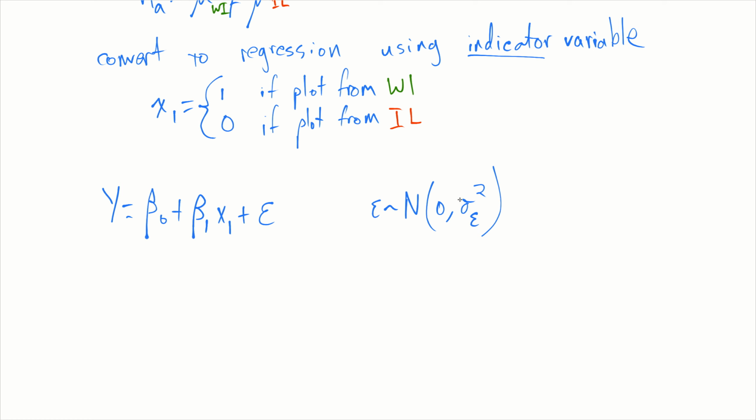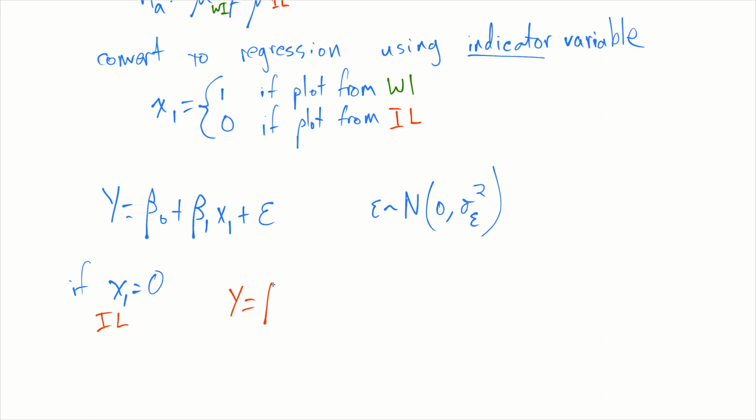Now, let me show you how this simplifies down to the t-test case. If x1 is equal to 0, so now we're talking Illinois, then we'll have this model.